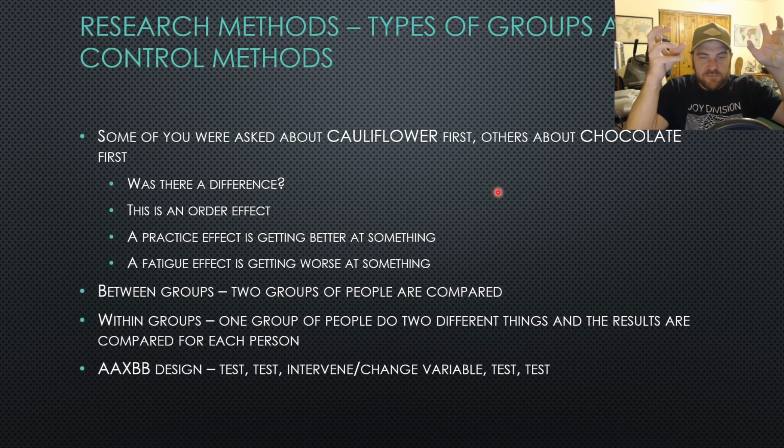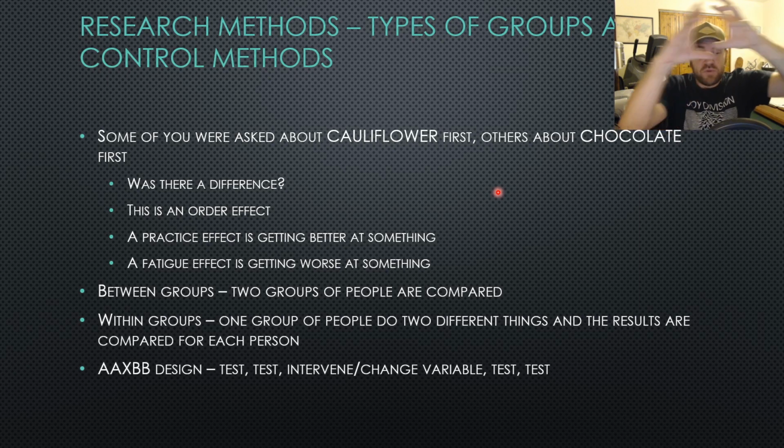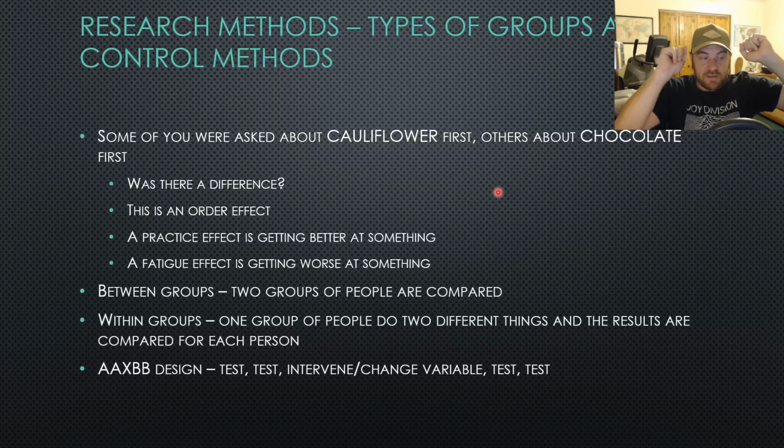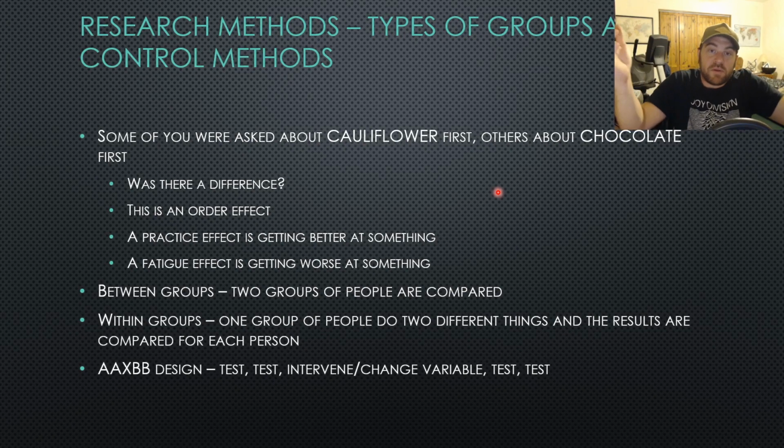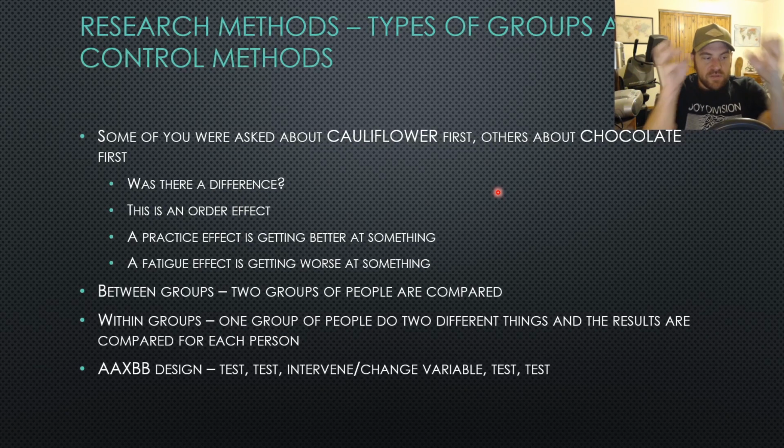If I want to look at how you rate them differently based on order, I couldn't put you all in the same group and give you cauliflower and then ice cream, and then give you ice cream, then cauliflower. You'd remember your responses, and you'd just give me the same responses. I had to break you into two different groups. So I have two groups, and the difference is actually between these groups. I can take an average here and an average here and look at the difference between those groups.